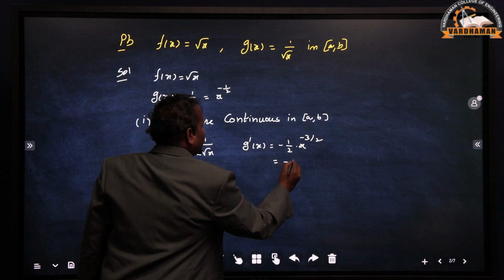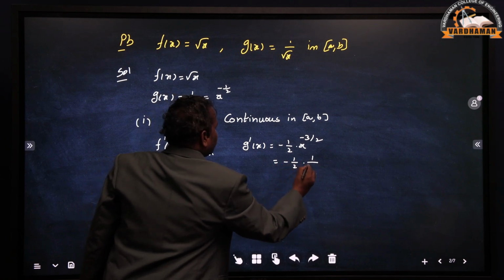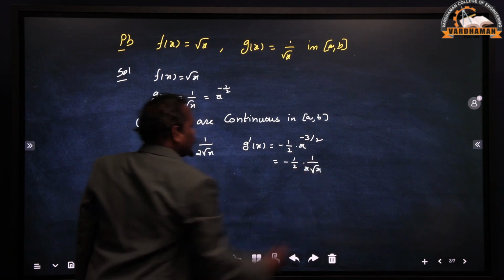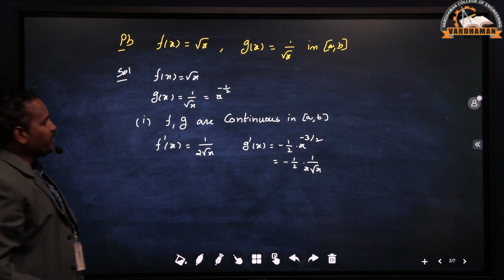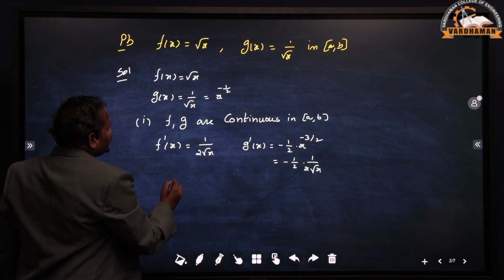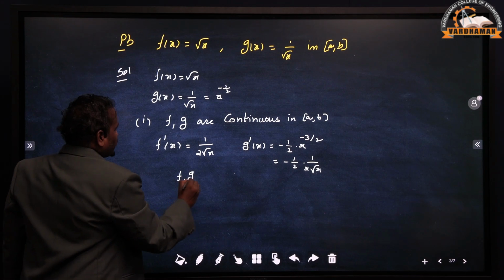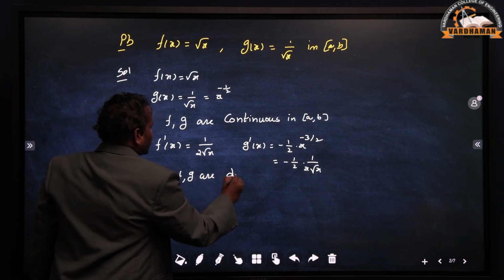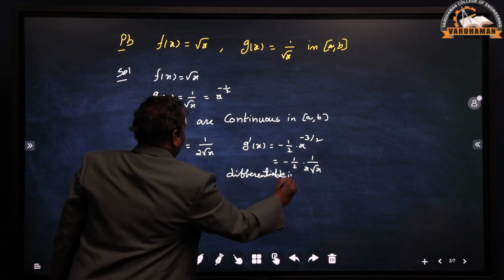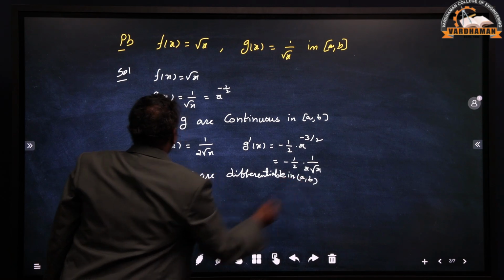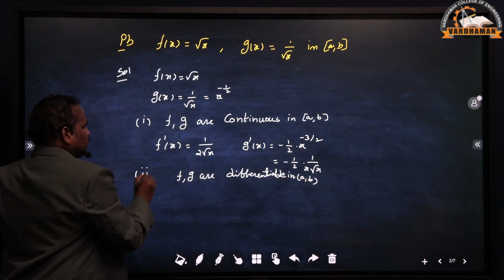This can be written as minus 1 by 2 into x by root x. So both derivatives exist for the functions, and that's why f, g are differentiable in the open interval (a, b). This is our second condition.